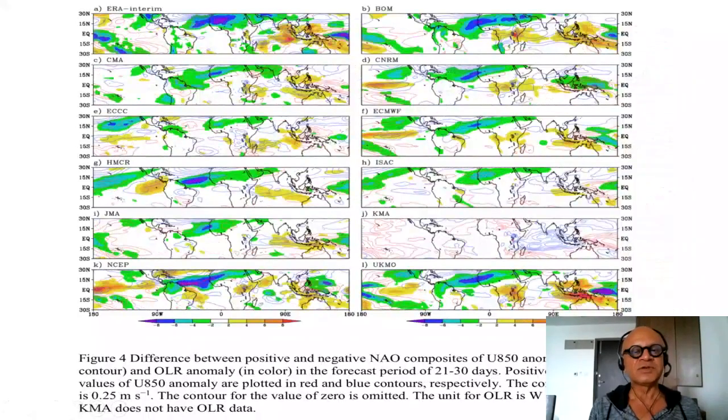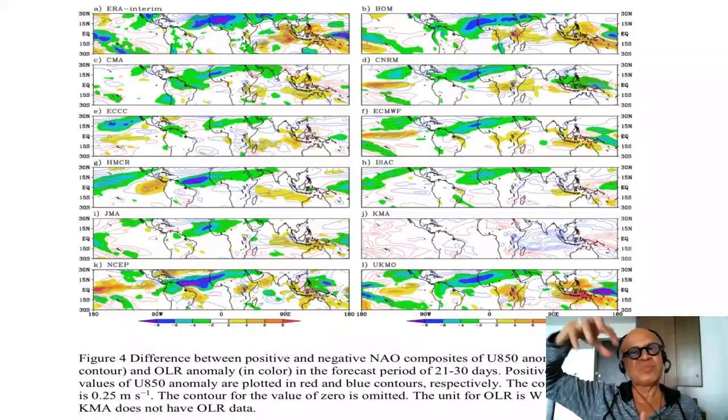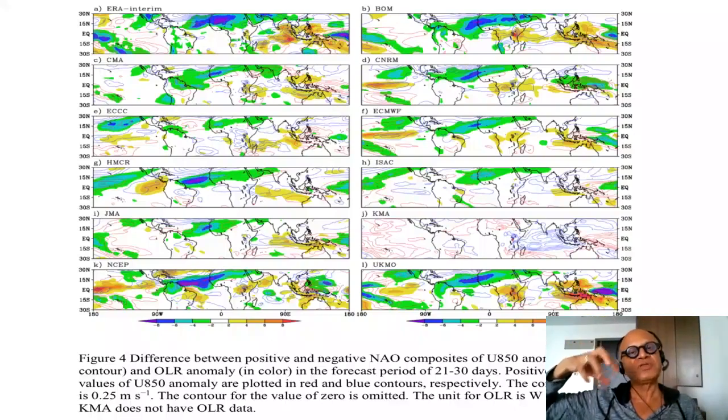So there are details which depend on how the dynamic connection between the upper level and the lower level is working, and how the convection response is probably different based on convective parameterization and other details, or land atmosphere interactions, ocean, whether it's a coupled model, SST is prescribed, and so on and so forth.